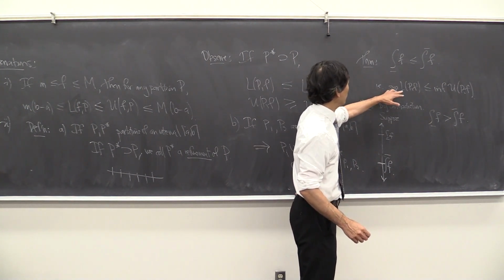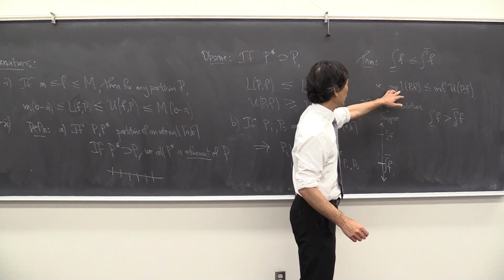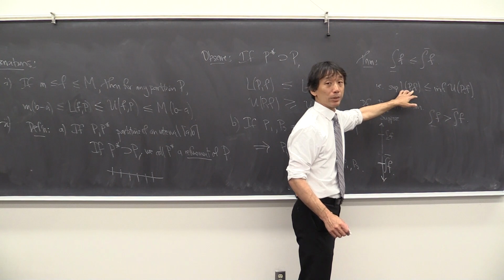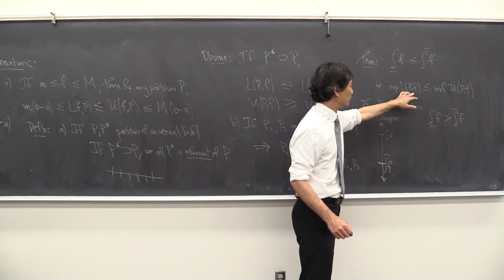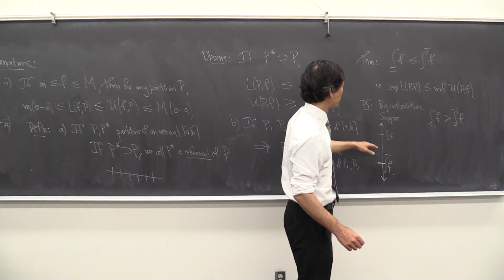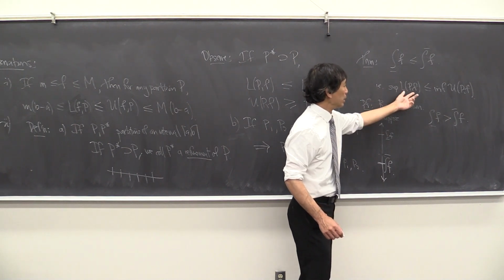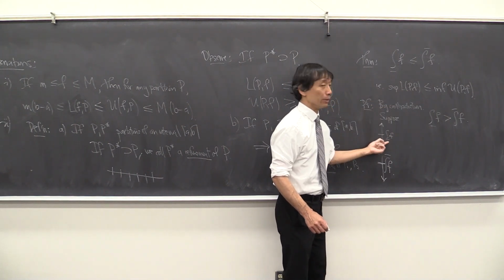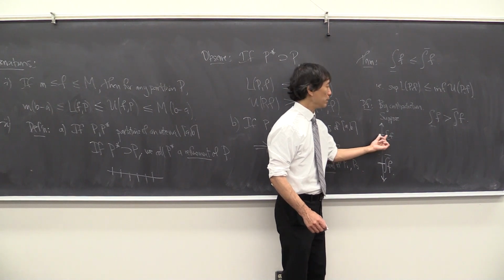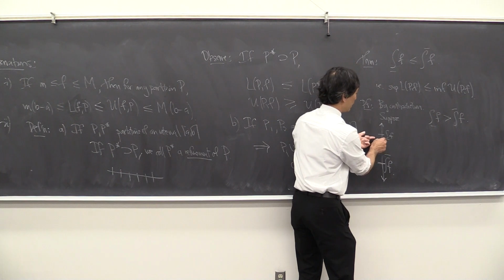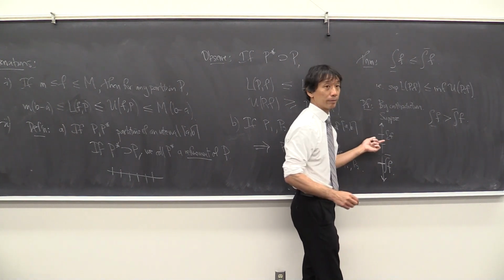Now the lower one is the supremum of the lower sums. That means we can find lower sums that are arbitrarily close to it. It's the supremum of them, so given any epsilon, we can find a lower sum inside here.